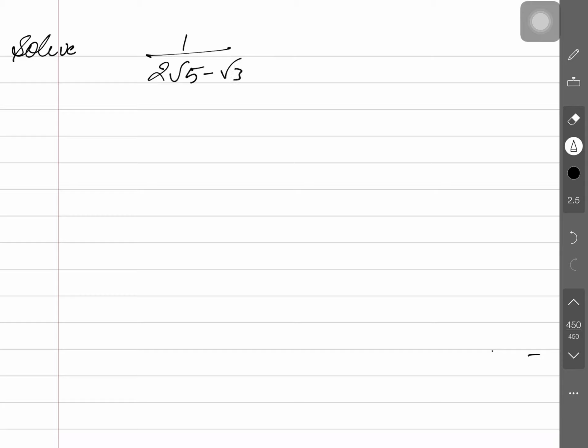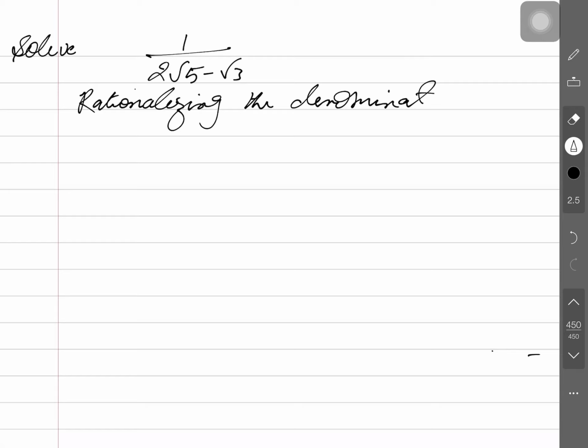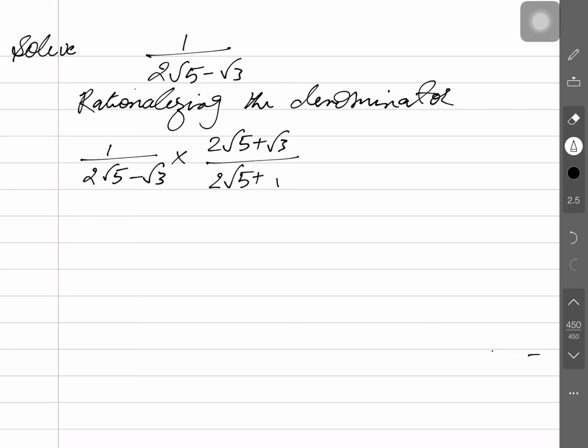This is to simplify, so simply rationalizing the denominator. Next, 1 by 2 root 5 minus root 3, into 2 root 5 plus root 3 divided by 2 root 5 plus root 3.